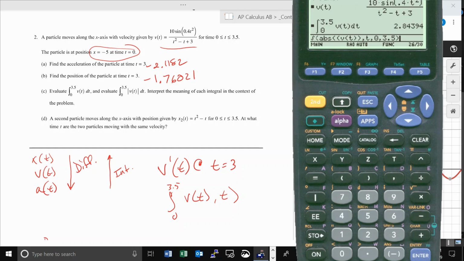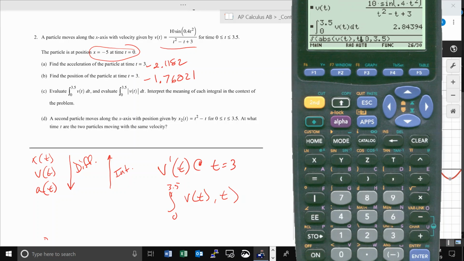I have too many parentheses here. Oh, come on, what's going on? I don't think you need the extra one. Oh, I see, I just need one right there. There we go.